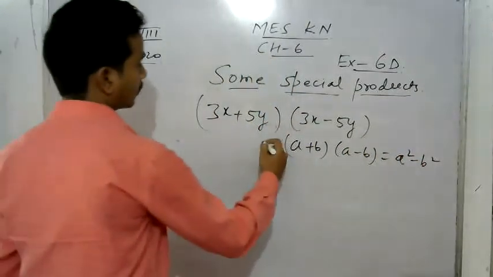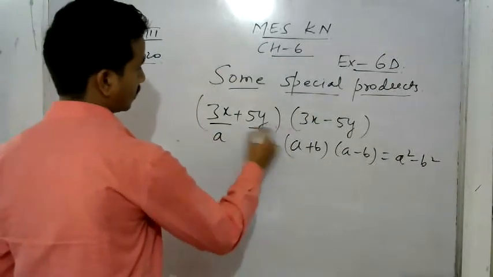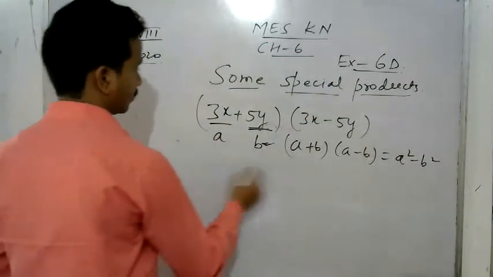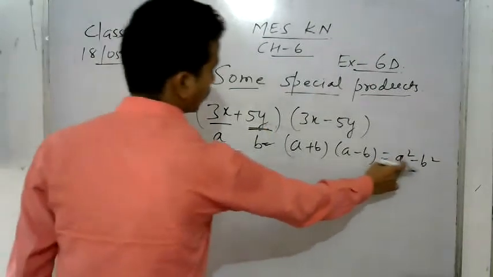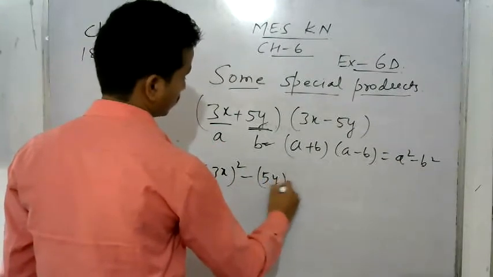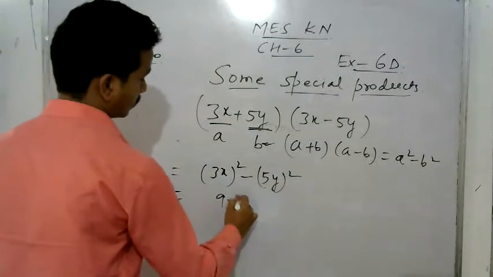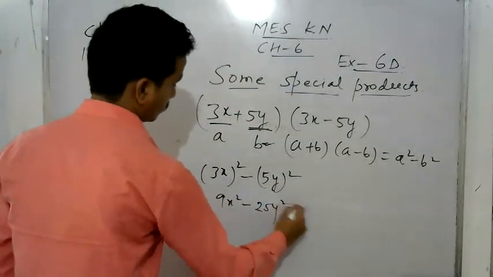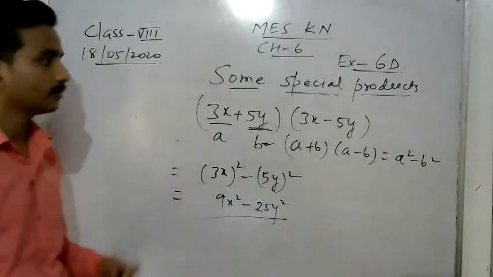So we will use this formula. In place of a you have 3x and in place of b you have 5y. So (3x) whole square minus (5y) whole square. What is the whole square of 3x? 9x square, minus 25y square. So this is the answer. In this way you will apply this formula.